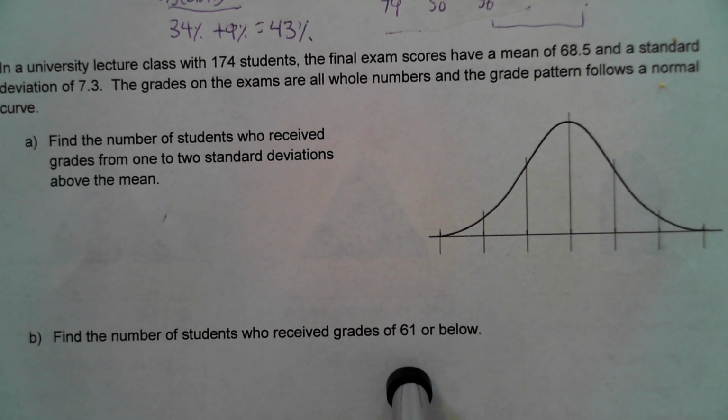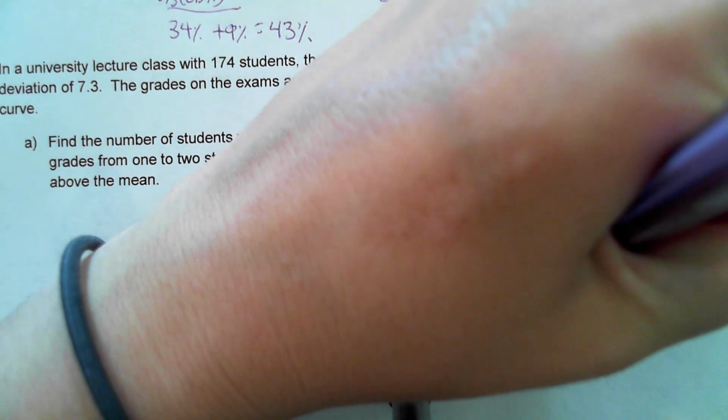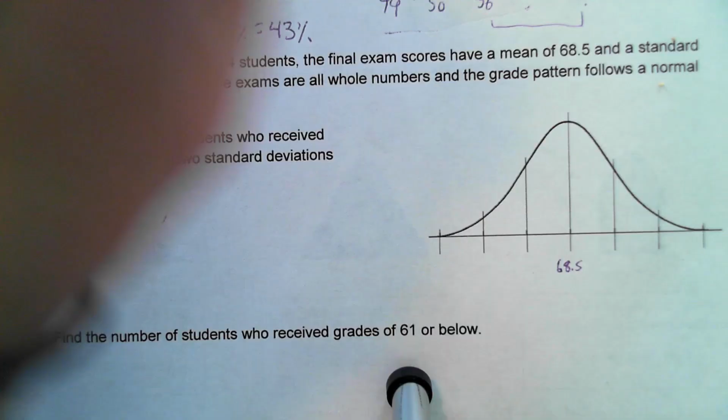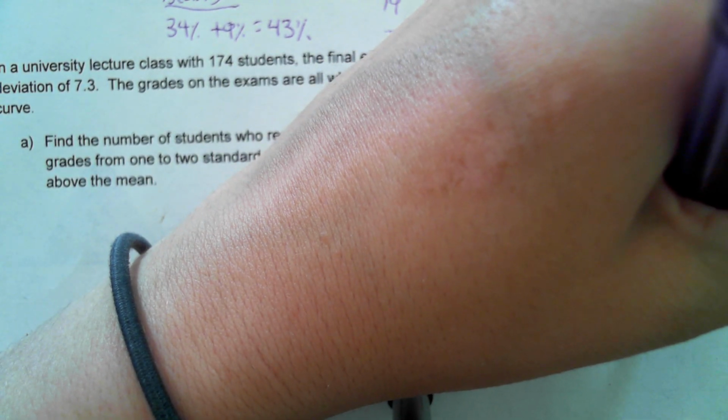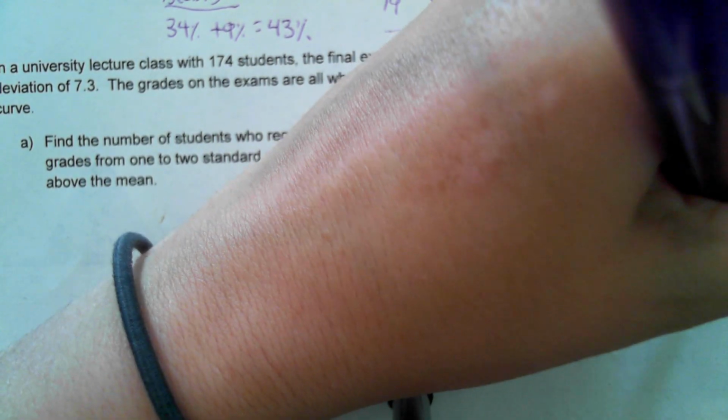So before we get started with that, we'll make our normal curve. So 68.5 is our mean, and our standard deviation is 7.3. So one standard deviation above is 75.8, and then you're going to have 83.1, and then 90.4.